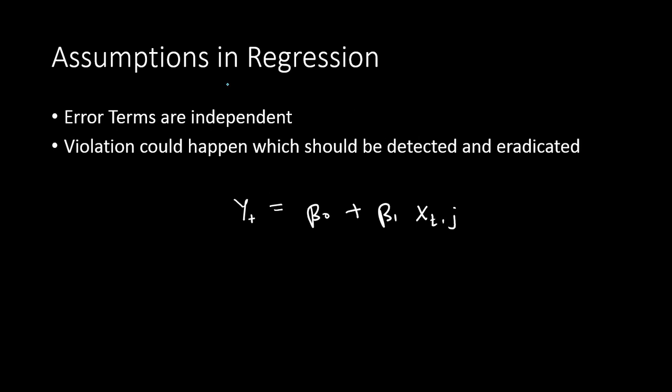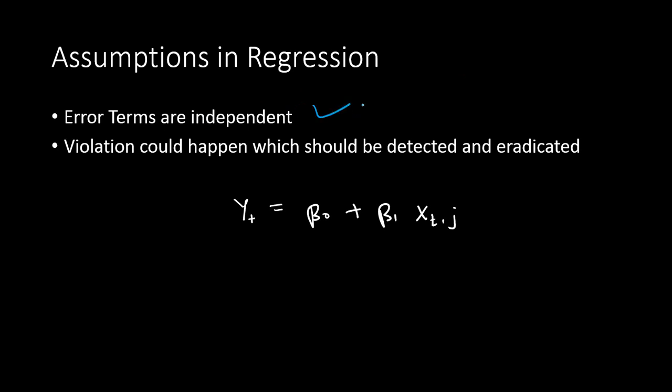So what happens when there is autocorrelation? Well, what we mean by autocorrelation is that when you build a regression model, the error terms need to be completely independent of each other. You cannot have a linear regression in which the error terms are correlated. So the assumption in linear regression is that the error terms should be independent.